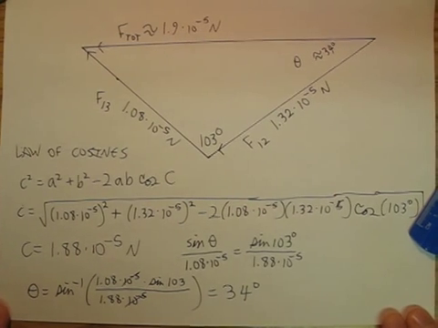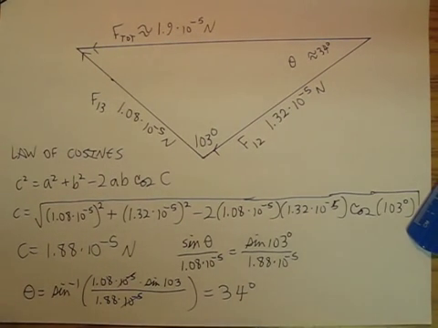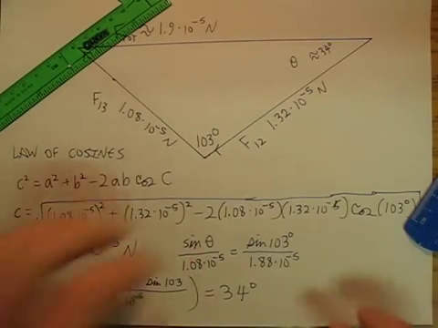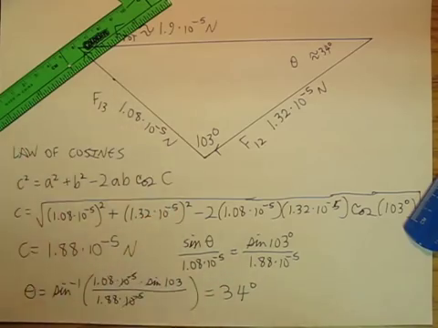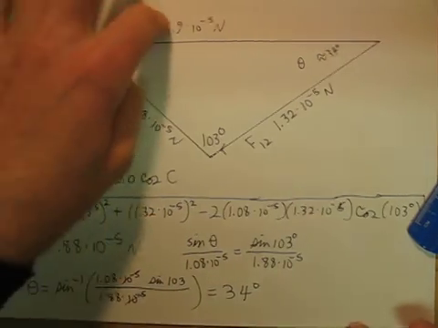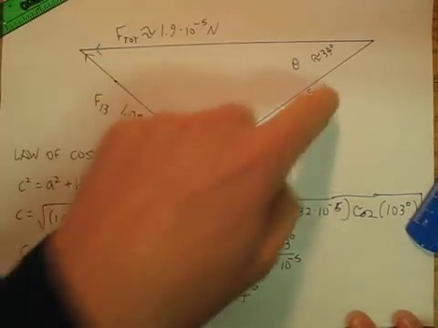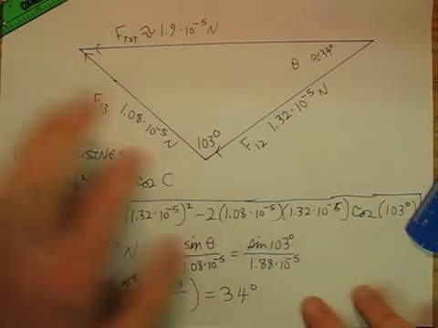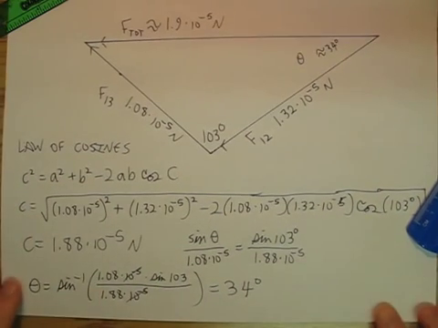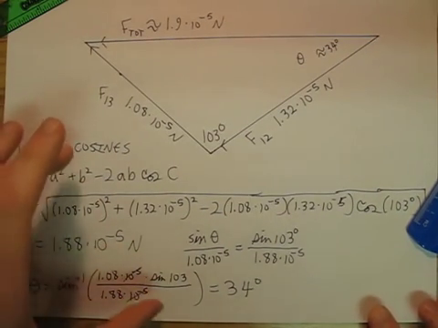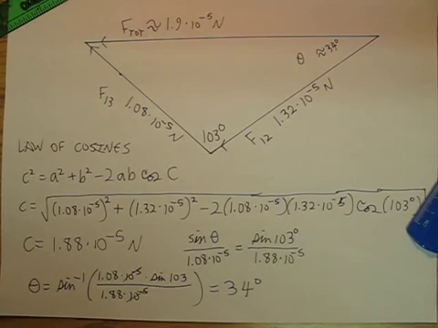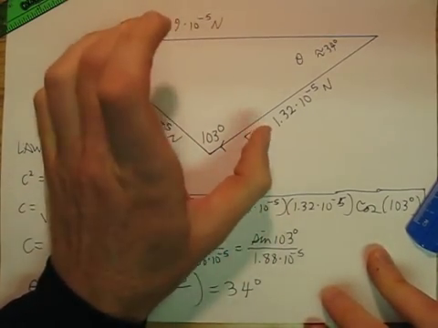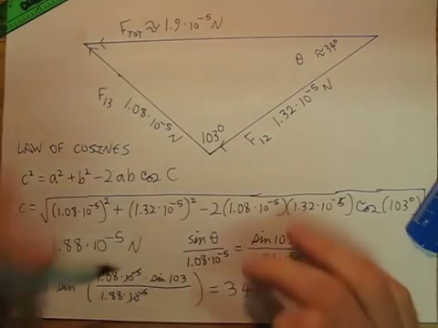But there's a huge benefit to that, which is that if you know how to use your protractor and your ruler and you can make these scale diagrams, you can basically get the answer just graphically. You can measure the angle, you can measure the length, and you can do it without having to use the mathematics. And of course the mathematics backs you up on that, but again, a scale diagram will always help you learn the physics.